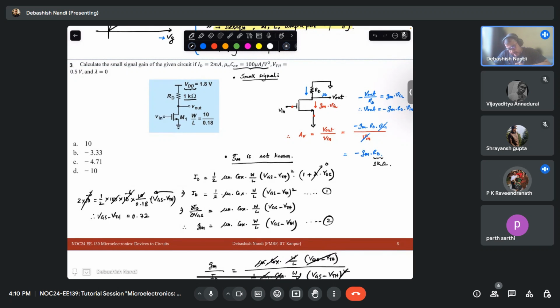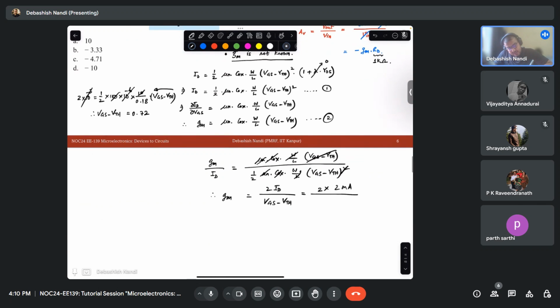So this is 100 into 10 raised to minus 6. It is 0.18. Okay, VGS minus VTH is this. So 0.72. So that will be 4 divided by 0.72. That is your 5.5 millisiemens. Okay.